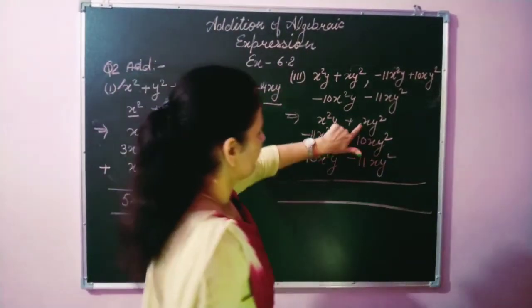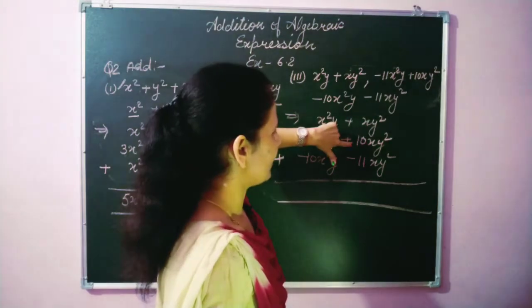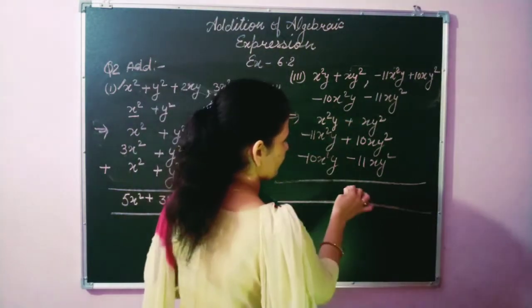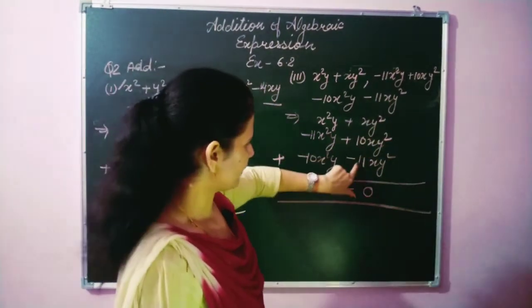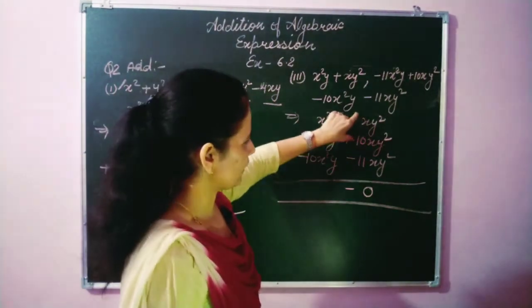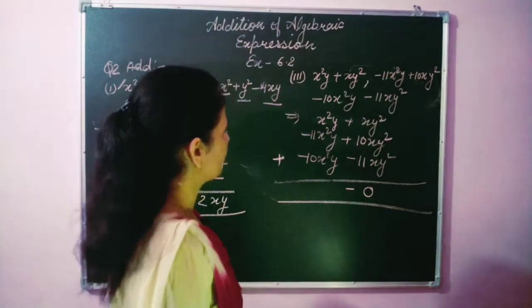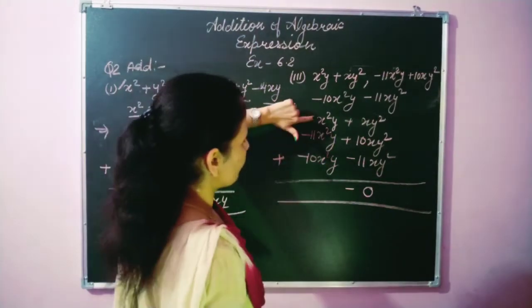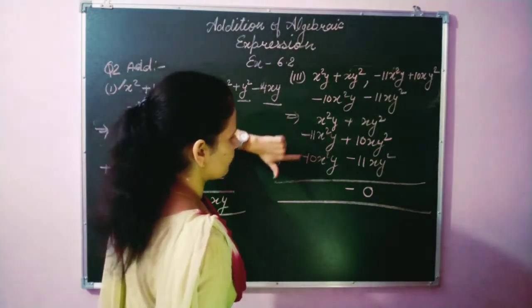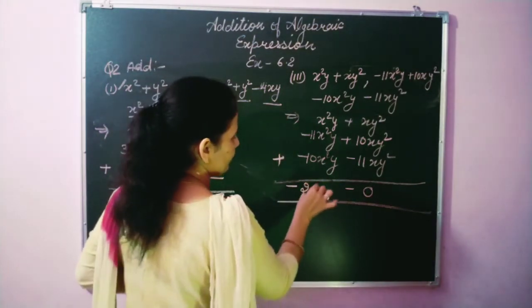Okay, 1 plus 10, 11, 11 minus 11, 0. Okay, have you observed this one? 11, 10 plus 1, 11, 11 minus 11, 0. Same, here is 10, 11, 1 minus 11, 10, 10 plus 10, 20.